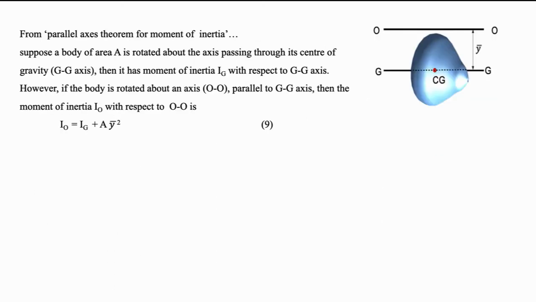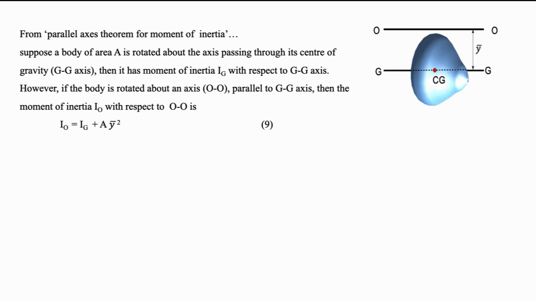From the parallel axis theorem for moment of inertia, as shown in figure, suppose a body of area A is rotated about an axis passing through its center of gravity, here the GG axis, then it has the moment of inertia Ig.